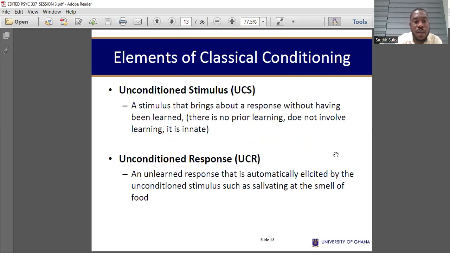So we are going straight to the elements of classical conditioning. Now, things we use in building classical conditioning. So let me stop sharing this and focus. Okay, so when we are building classical conditioning, like I said, it's just like building a house.